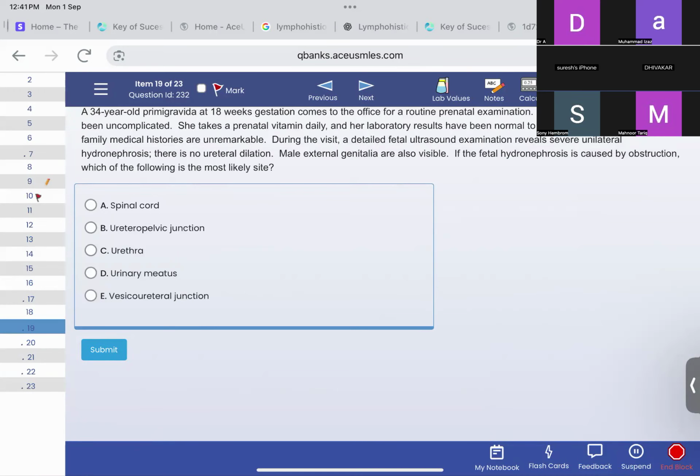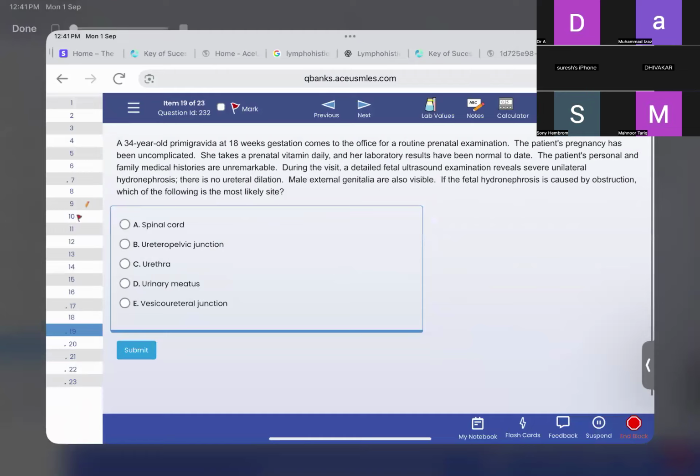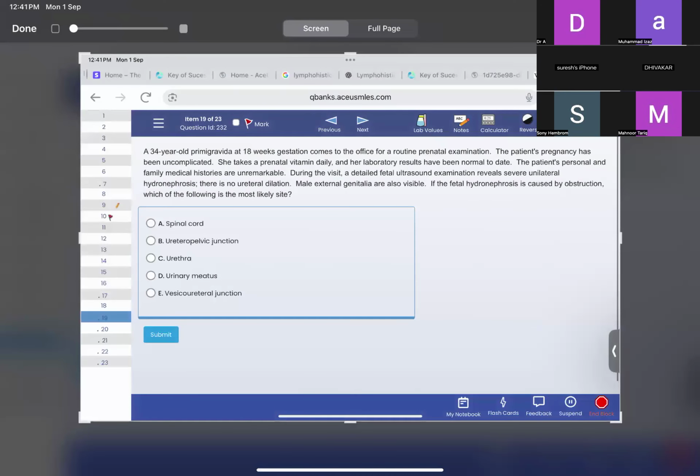So what's next? If fetal hydronephrosis is caused by obstruction, which of the following is the most likely site? A 34-year-old primigravida comes at 18 weeks of gestation for a routine prenatal examination. The pregnancy has been uncomplicated. She takes vitamins and her laboratory results are normal to date. Personal and family medical history is unremarkable.